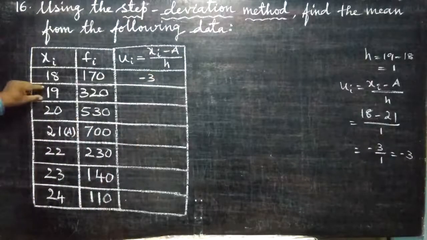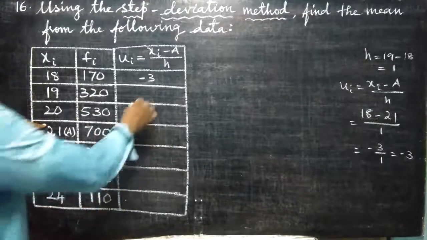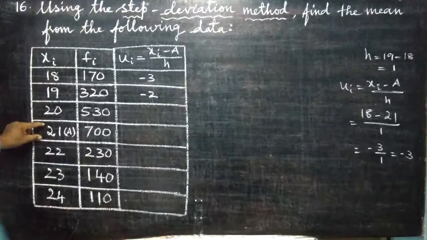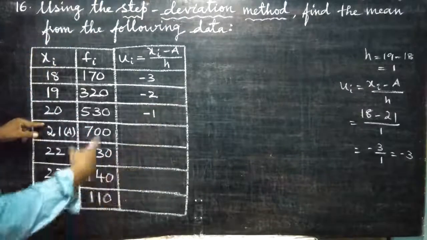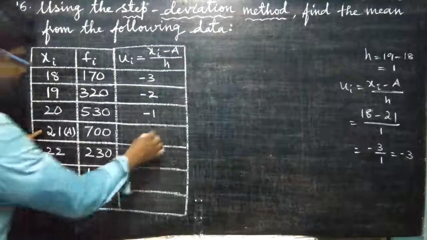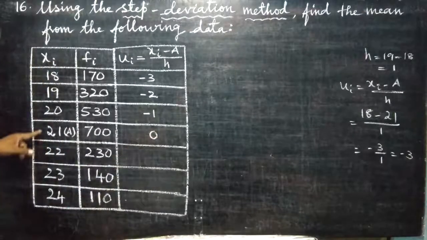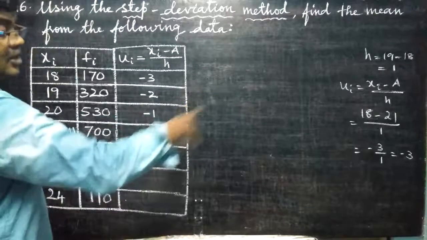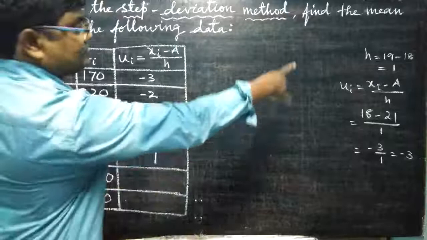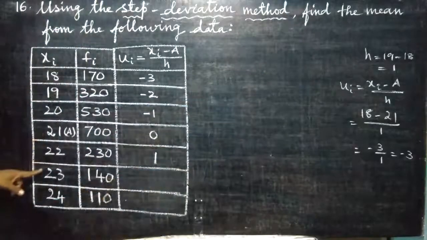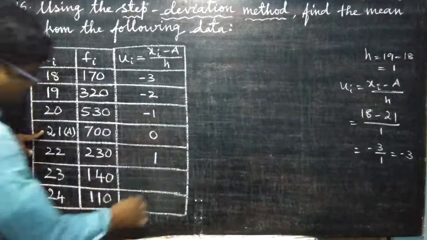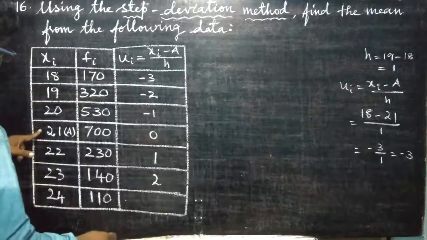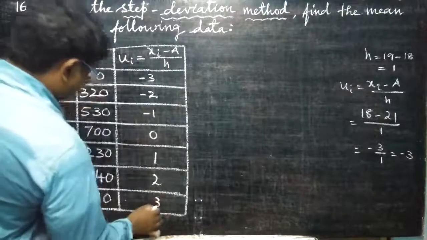Easy method. 19 minus 21 is minus 2, by 1 means minus 2 only. 20 minus 21 is minus 1, by 1 means minus 1 only. 21 minus 21 is 0. 22 minus 21 is plus 1. If h is other than 1 you compulsorily have to divide, but here we got h as 1, we are not neglecting it, that's all. 23 minus 21 is 2. 2 by 1 means 2 only. Next 24 minus 21 is 3. So 3 you are going to write.